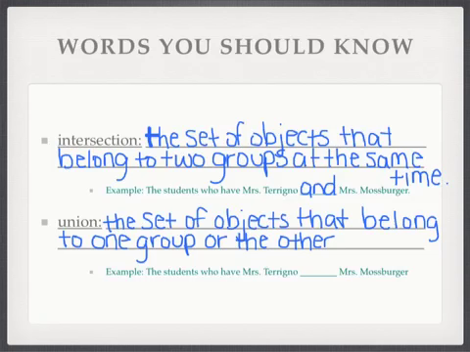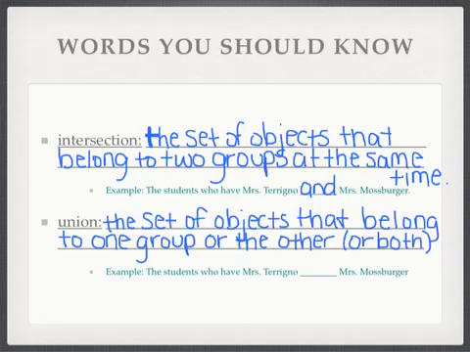And do you think that if you were in both, that would still count? Yes. Or both. So the union is the set of objects that belong to one group or the other.